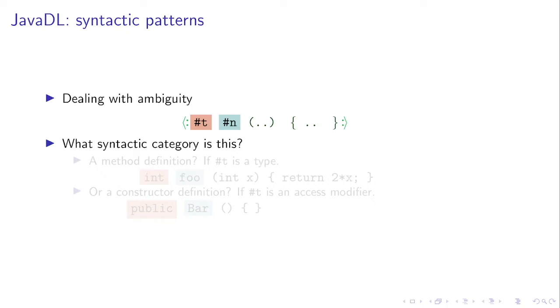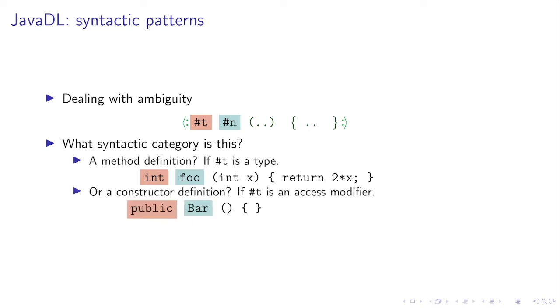The syntactic pattern on the slide matches two syntactic categories: a method definition, if T is a type, or a constructor definition, if T is an access modifier. This required us to use an Earley parser to support ambiguity, and also to enhance the representation of syntactic patterns as plain Datalog, details that you can find in the paper.